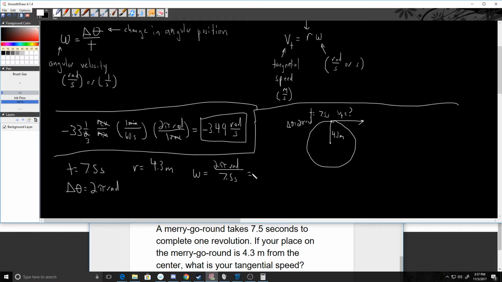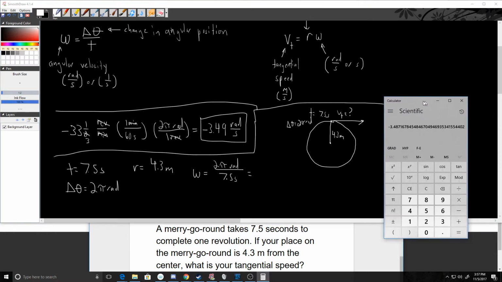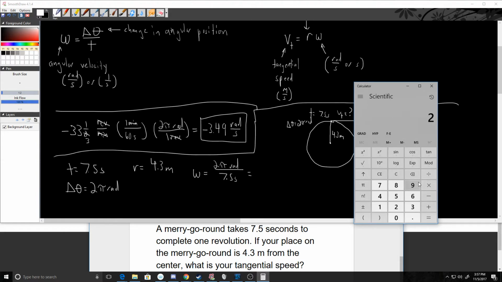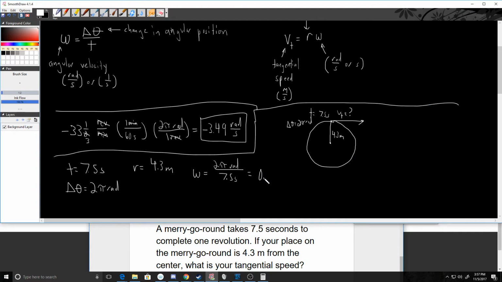So bring our calculator back over. We've got 2 times pi divided by 7.5. For that, our angular velocity is roughly 0.84 radians per second. Now I need to figure out what my tangential velocity is.